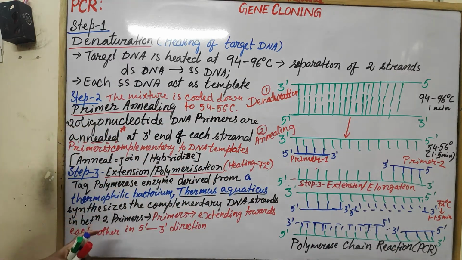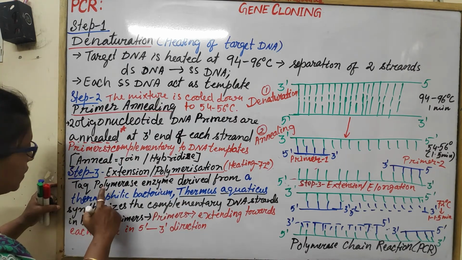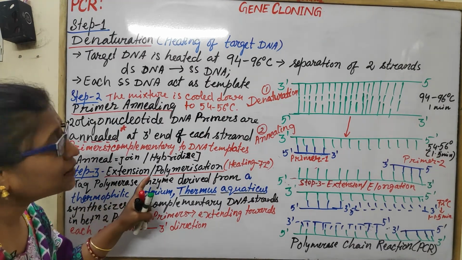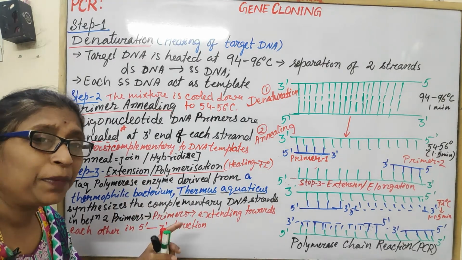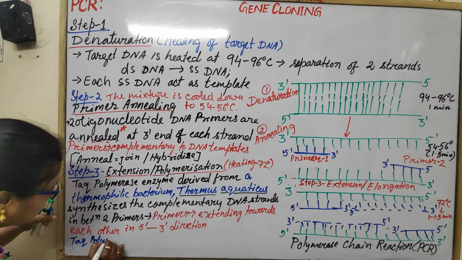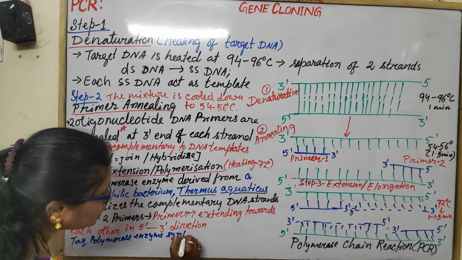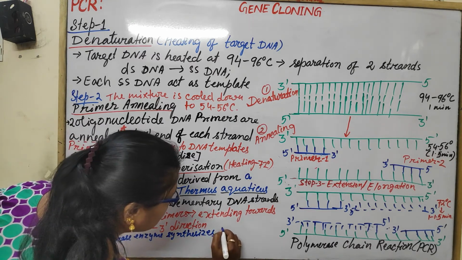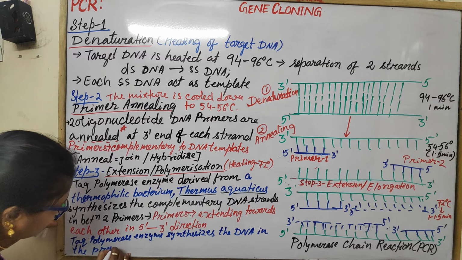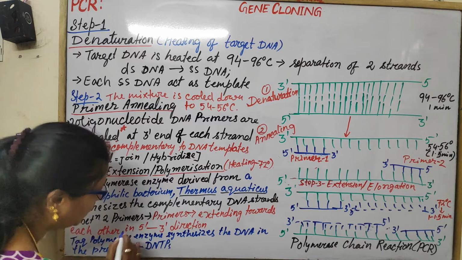In this manner the desired gene is cloned, and this thermophilic Taq polymerase enzyme works in the presence of dNTPs and magnesium.